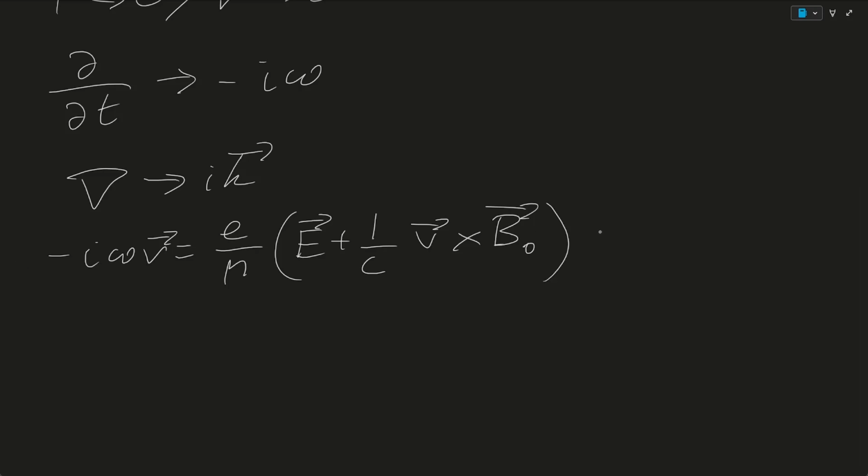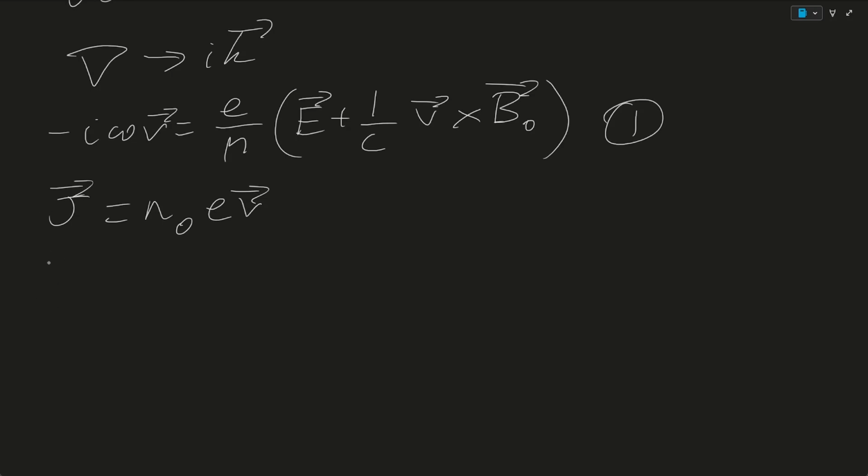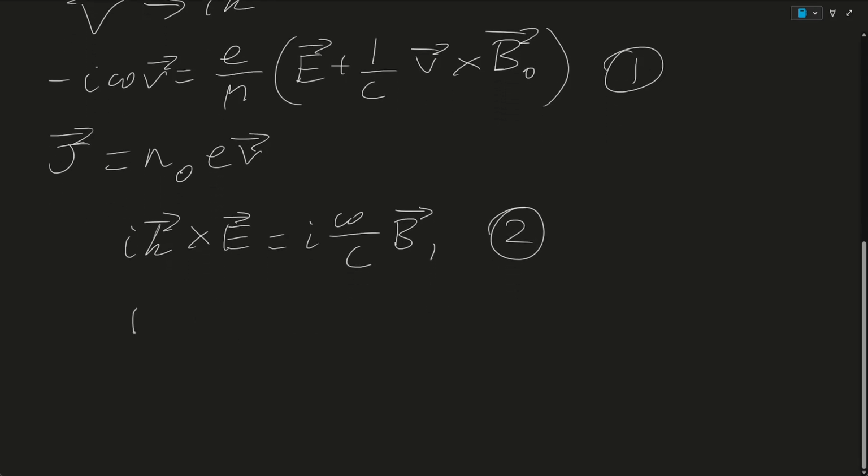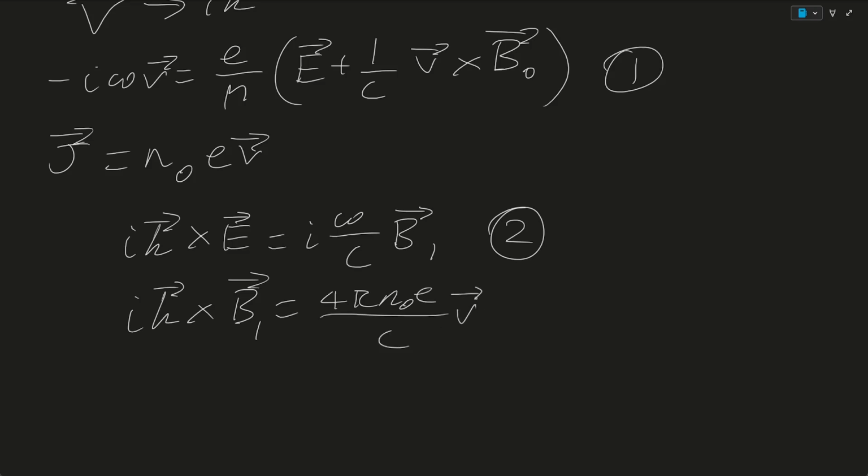Note also, so this is 1, we have J is equal to n naught e v, our current density J. And so we get that i k cross E is equal to i omega over c B1, which is our second equation, and then that's i k cross B1 equals 4 pi n naught e over c v minus i omega over c E. That's 3.